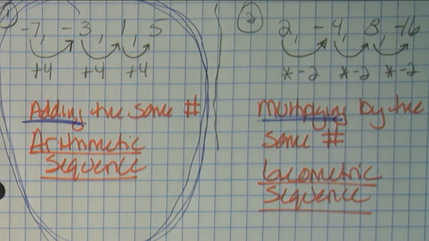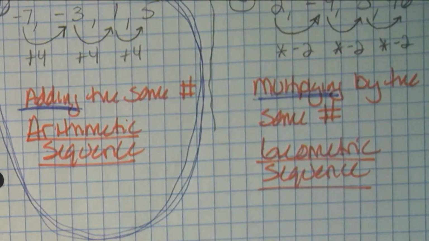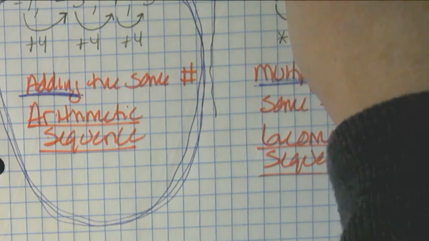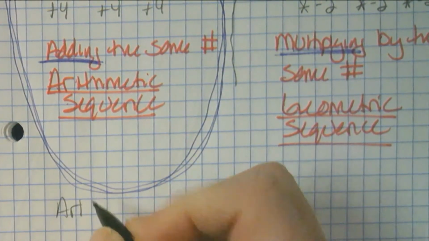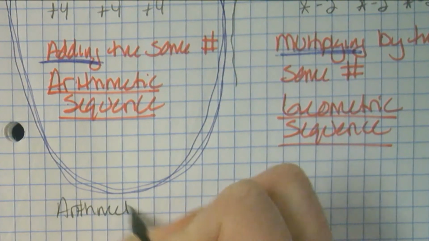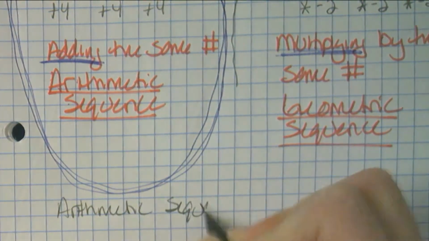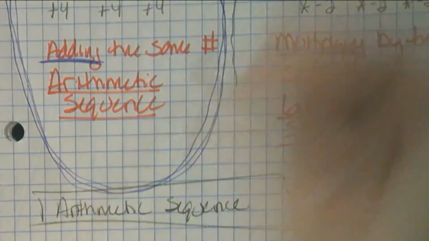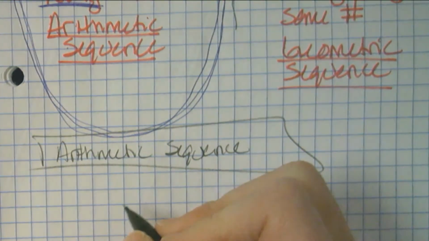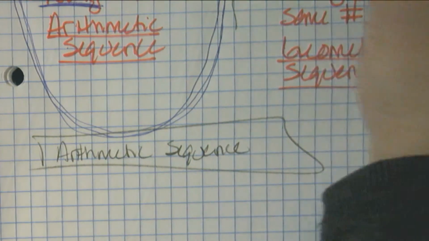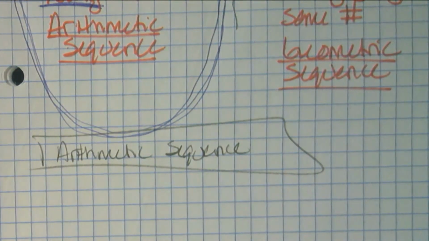All right, so I need to come up with some vocabulary with you guys for us to understand what I'm doing, okay? So let's talk about some vocabulary. So let's talk about arithmetic sequence. Okay, first of all, we already talked about what the word sequence meant, so we don't have to repeat that.